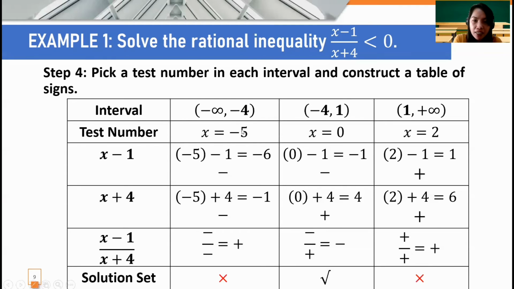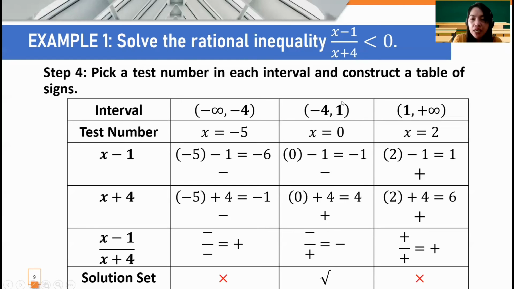So we can have here negative 5. Next, from this interval, we can pick 0. Pwede din isulat mo dito as your test number dito sa interval na to. You can have negative 3. Diba yung negative 3 nandito pa sa interval na to. Negative 2, negative 1 can be a test number.